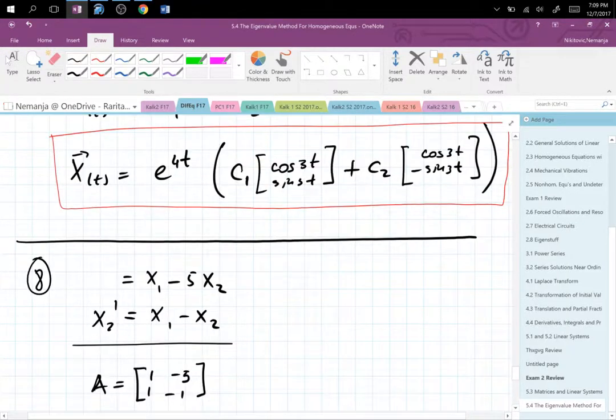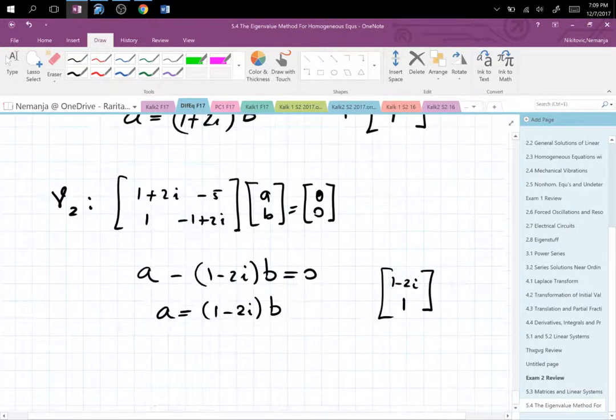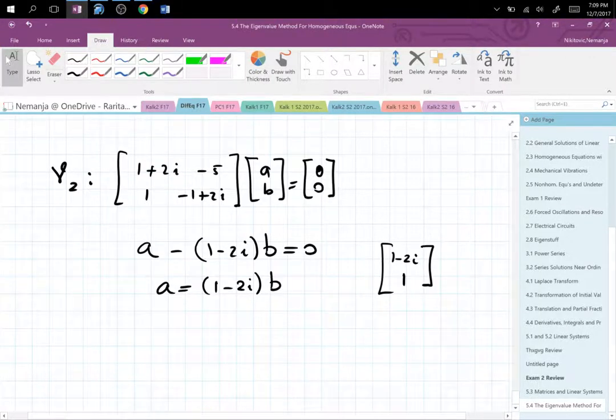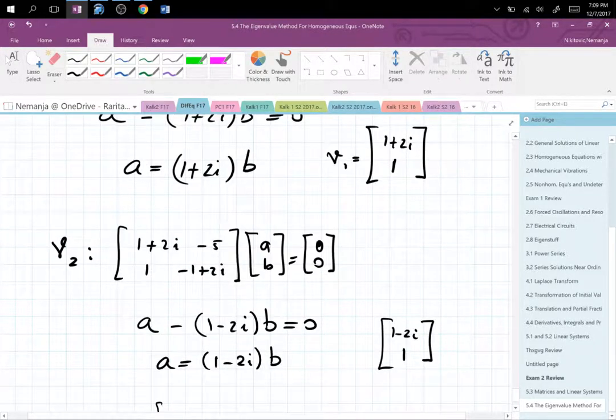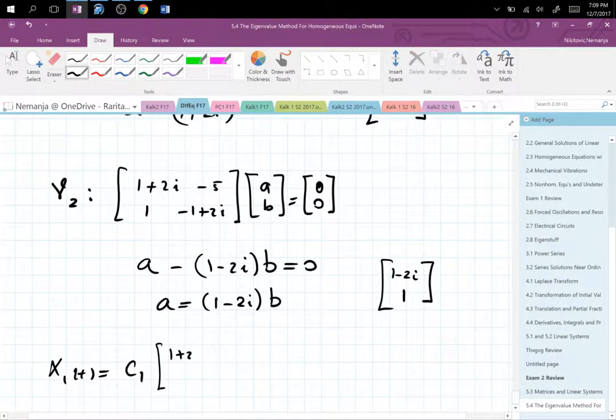So we are going to, yeah, it's a cosine of 2t. So for the first one, we have C1 times the eigenvector, which is 1 plus 2i and then 1, times cosine 2t minus i sine 2t.